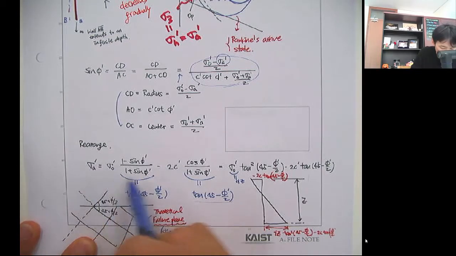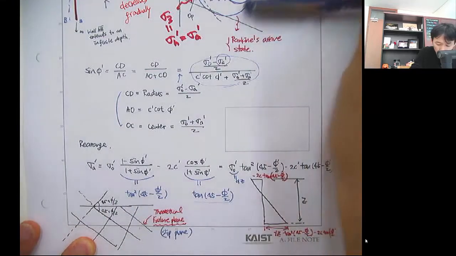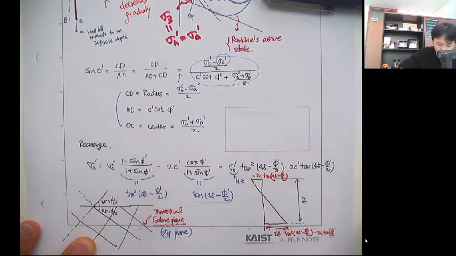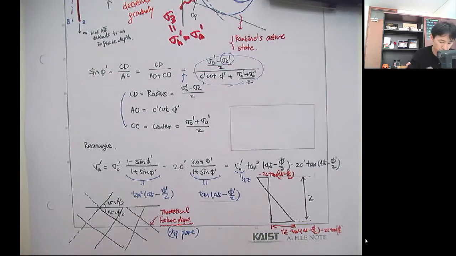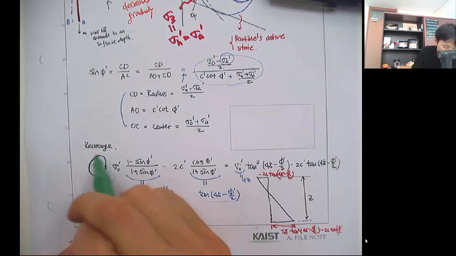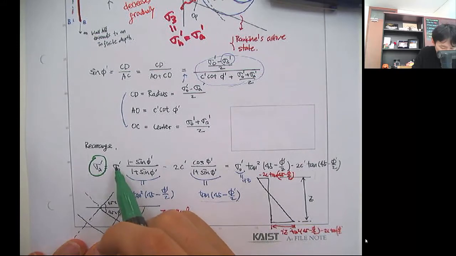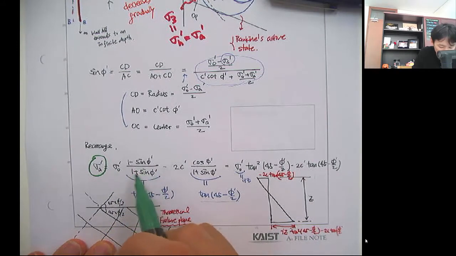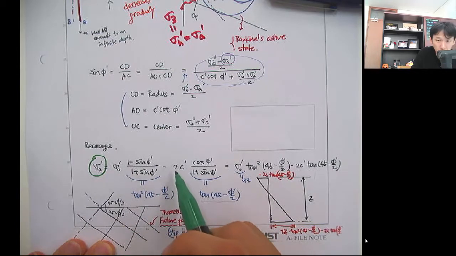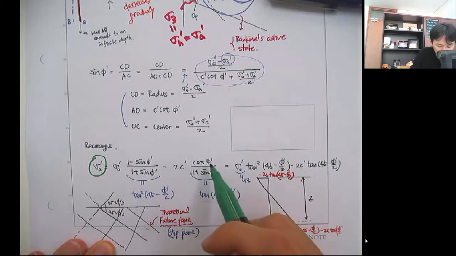So here, the active pressure is sigma naught prime, which is the vertical effective stress, times 1 minus sine phi prime over 1 plus sine phi prime, minus 2c prime cosine phi prime over 1 plus sine phi prime.